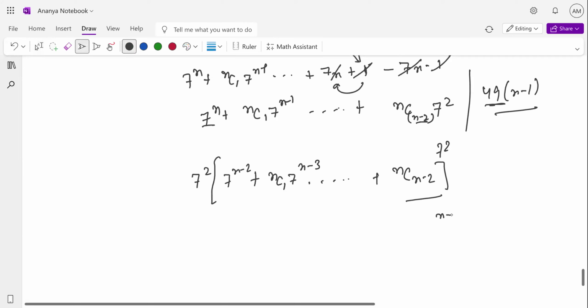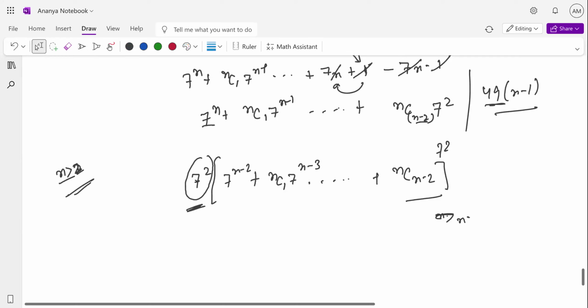Because if my n comes out less than 1, I will not be able to take 7 to the power 2 outside, right? So I got to know that n will always be greater than or equal to 2 for this condition.